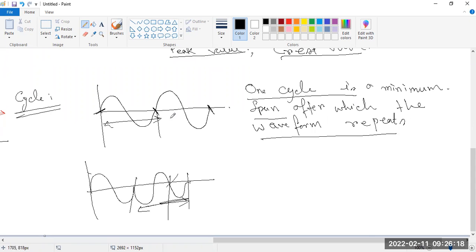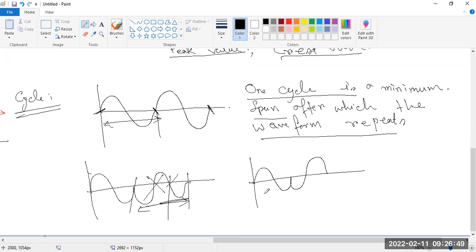One cycle is the minimum span after which the waveform repeats. If this type of signal is given to you, you may say that yes, it is the same thing, but this signal is not repeating. So you can't say this is a cycle.